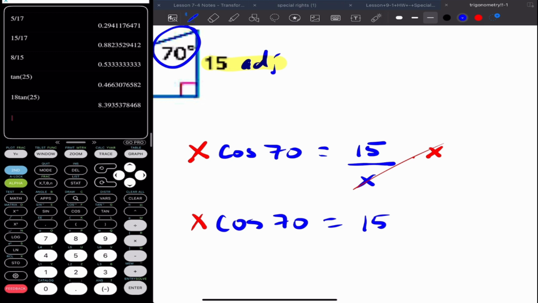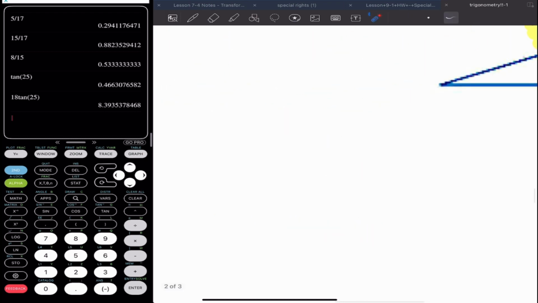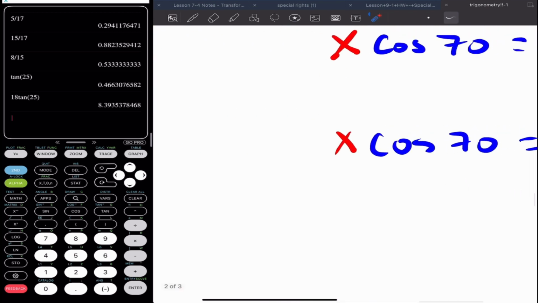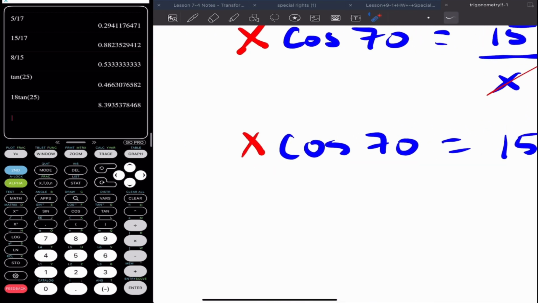Okay, all right. What do I do now? How do I get x by itself for real? Now, remember, if I give you something like 3x is equal to 6, you know for sure you're going to divide both sides by 3, right? And that's going to be x equals 2, because it's 3 times this variable. Now, if you remember what I said about the tangent of 25 being a number, it's just like the cosine of 70.